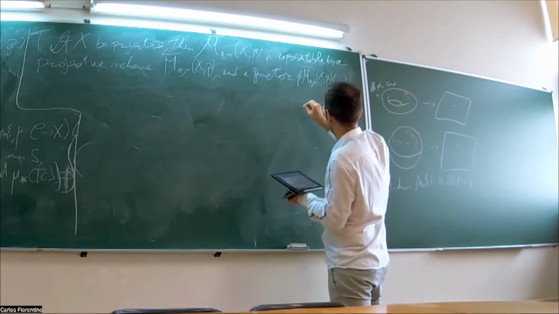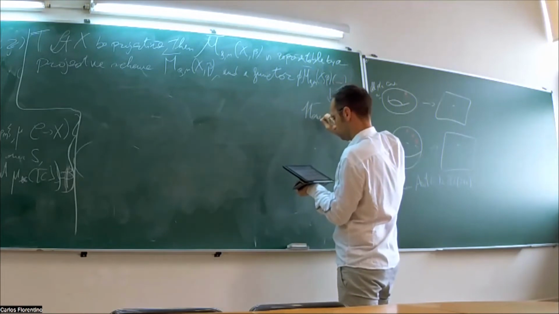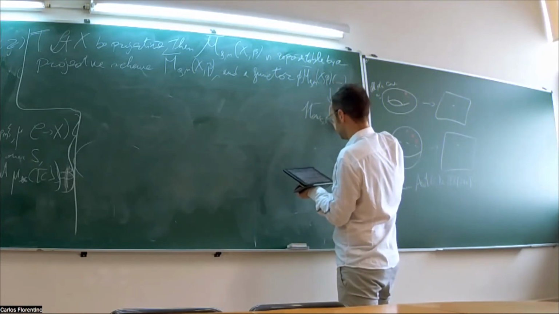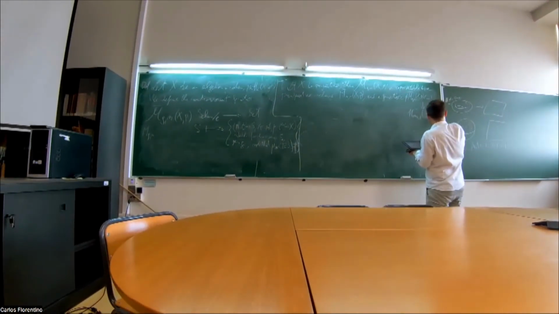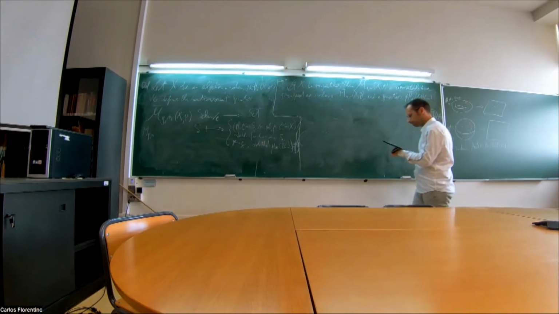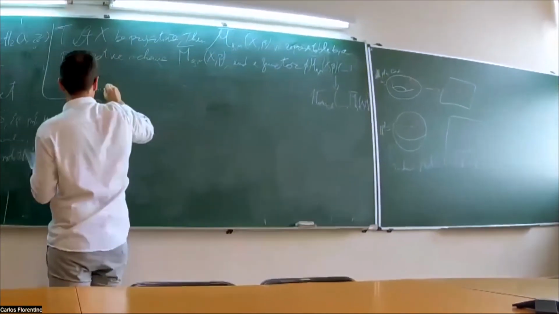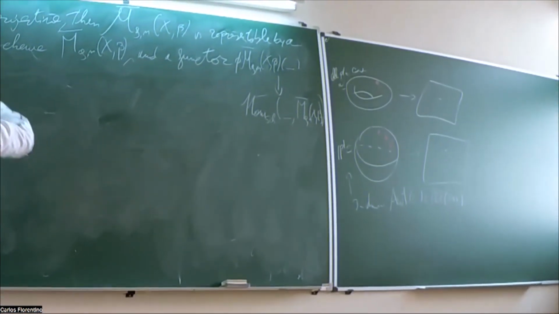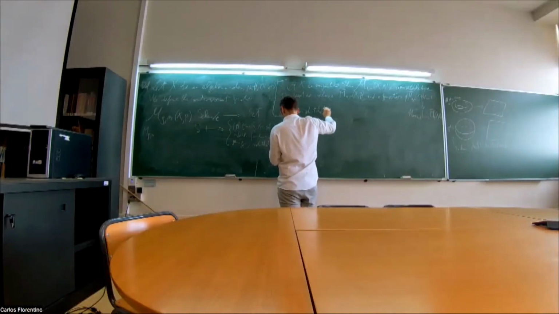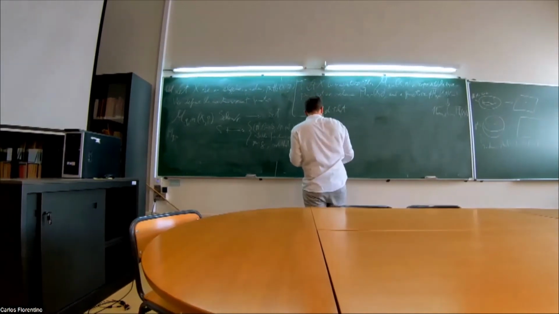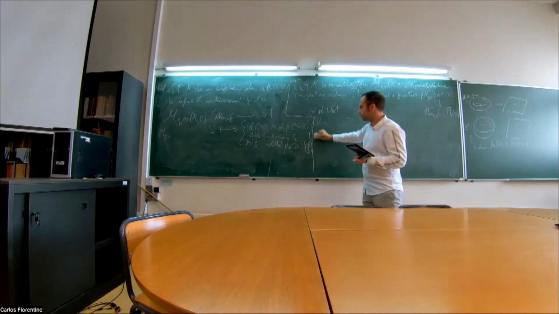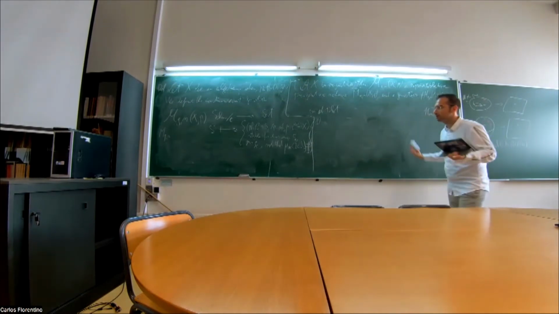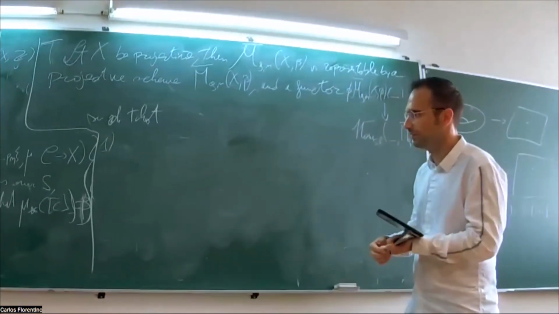This is the functor to form, in the category of schemes, M bar_{g,n}(X, beta), such that one. Okay, this is the first property, which in some sense justifies everything.